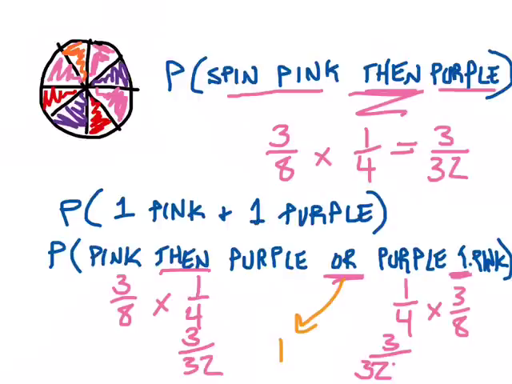So 3/32 plus 3/32, thankfully they have the same denominator, is going to be 6/32. So my total probability of 1 pink and 1 purple is 6/32, which I might reduce down to 3/16. 3/16 of the time I'll spin 1 purple and 1 pink when spinning this spinner twice.